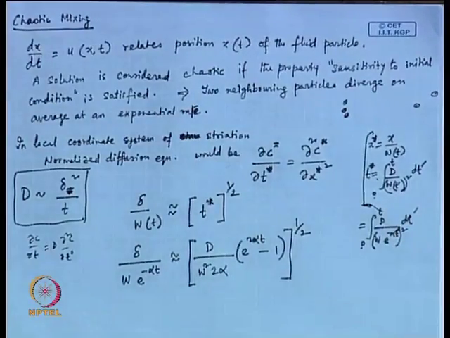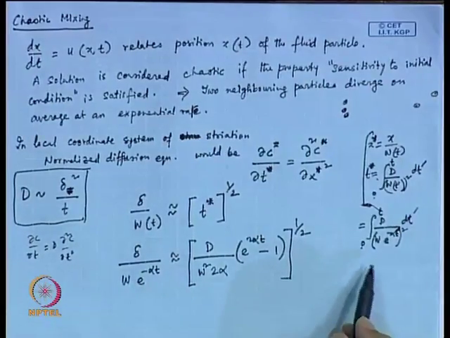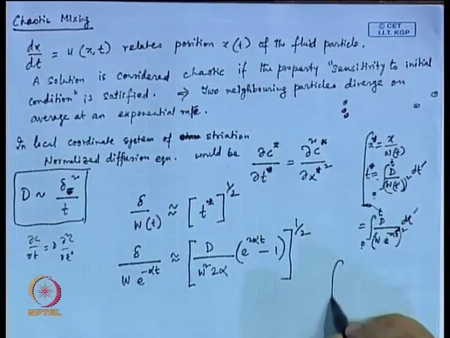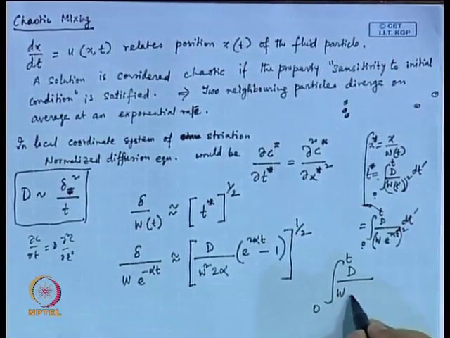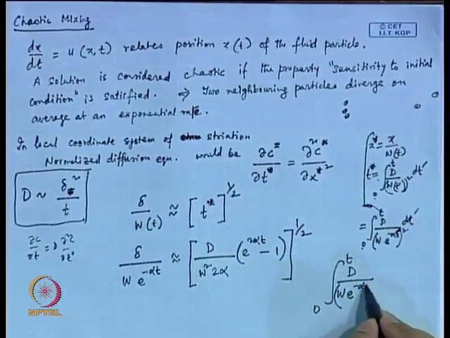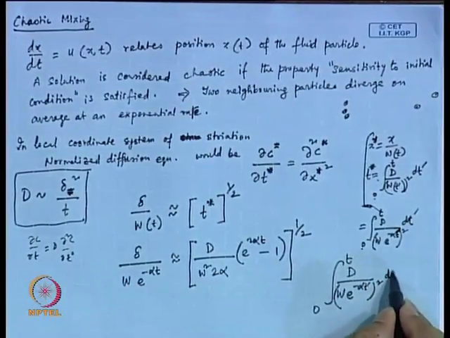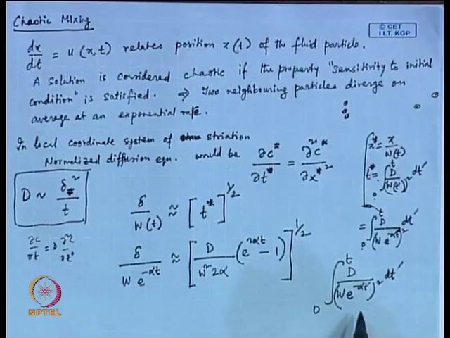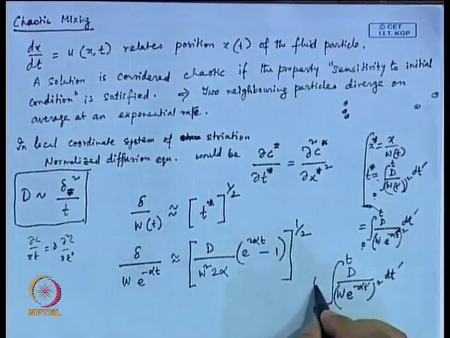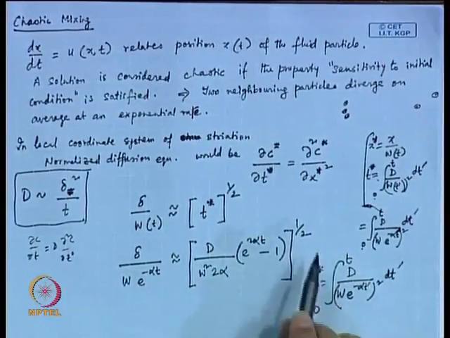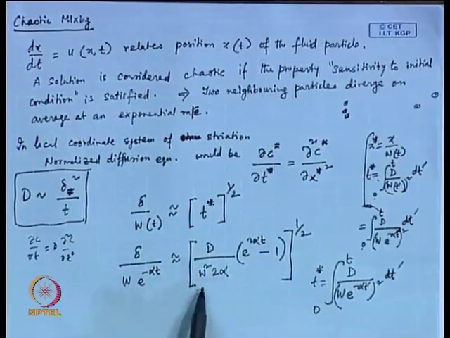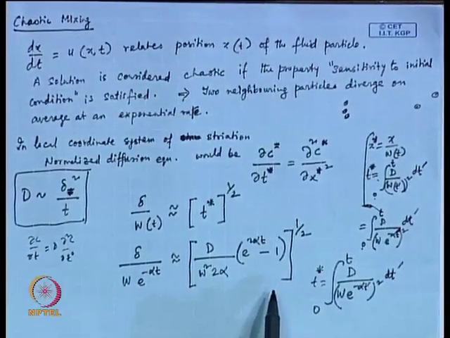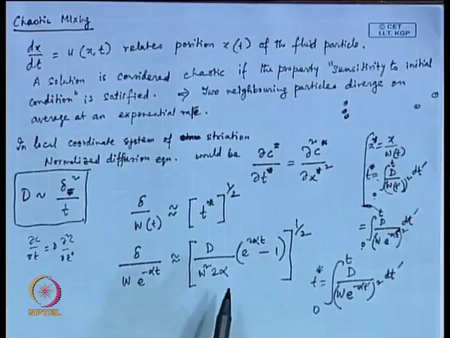So, you do this integration, which I write clearly: 0 to t of D divided by W e to the power minus alpha t prime whole square dt prime. You do this integration and then put this here as t star. So, this t star has to be put there, and then you will get this expression automatically. You have to go and check whether you are getting this expression or not.